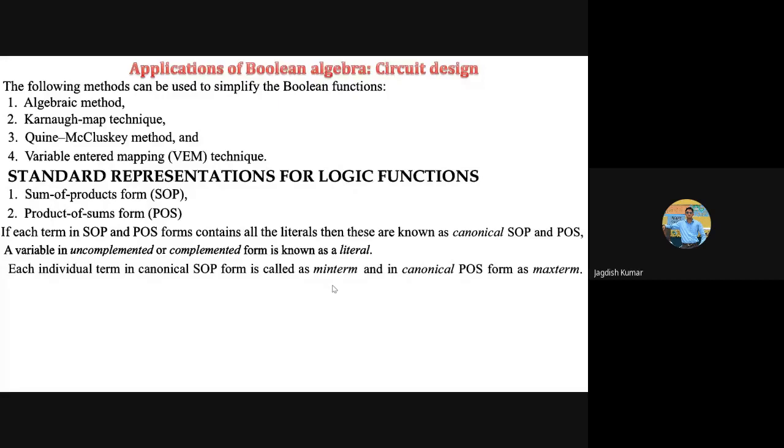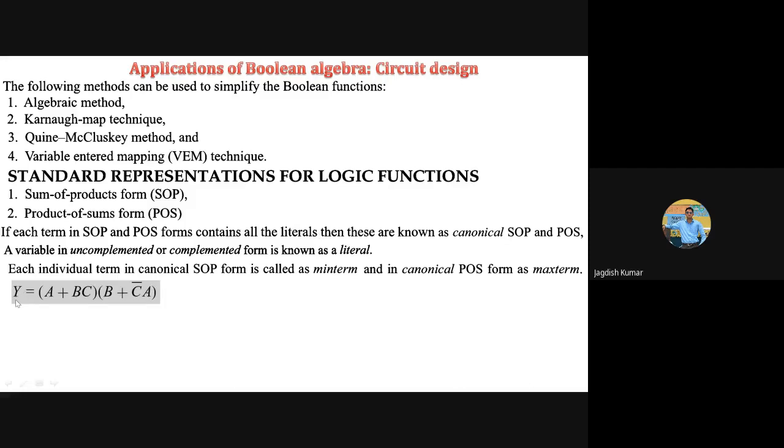And so if in SOP or POS form each term contains all literals, let us do the example, then it will be more clear.